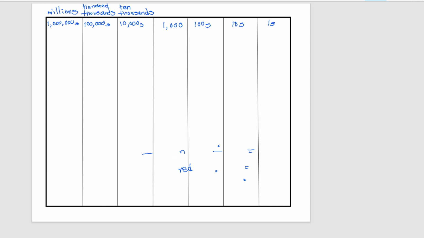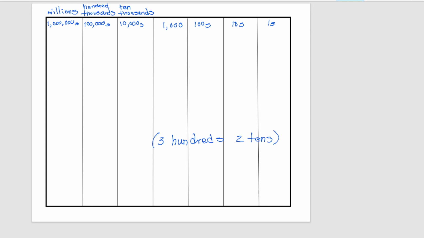Now we're going to look at numbers that have mixed units. So far we've looked at numbers with only one unit. Now we're going to look for ones with mixed units. Let's take 3 hundreds and 2 tens as our first number.